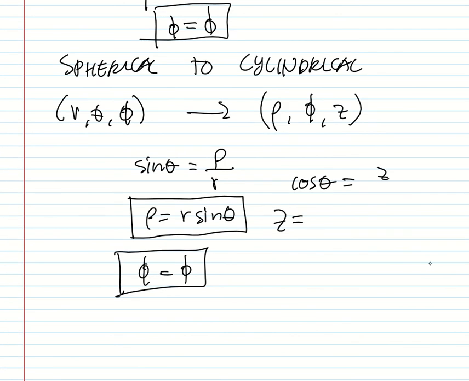So this is z all over r. Solving for z, z is equal to r cosine of theta. And this is how we convert coordinates into the different coordinate systems. So we can convert from rectangular to spherical and vice versa, or any of those coordinate systems.